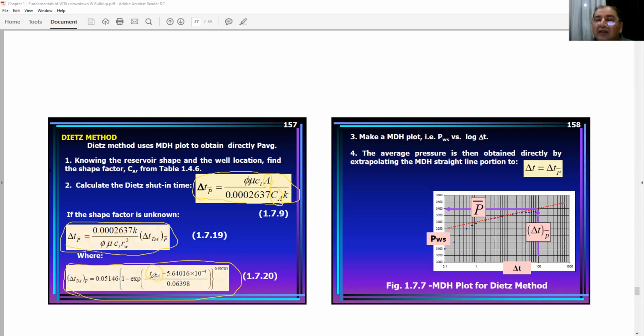When you plot pressure versus delta t, you are going to use the value of delta tp dash. Go to the infinite acting line and read the value of the pressure directly. And this is your average reservoir pressure, no more.